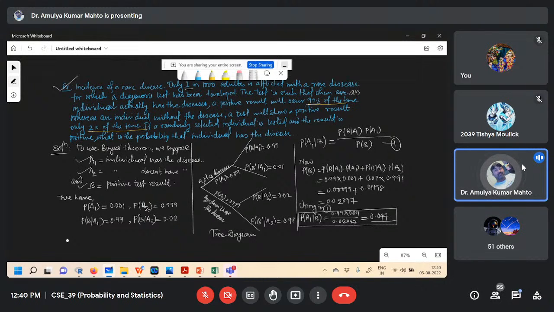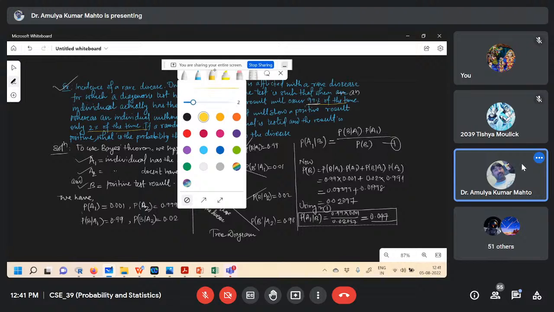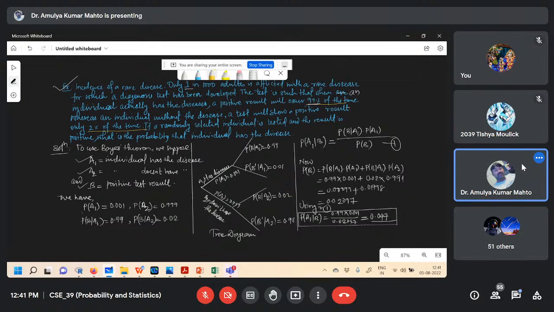So the probability of A1, that the individual has the disease, is 0.001.